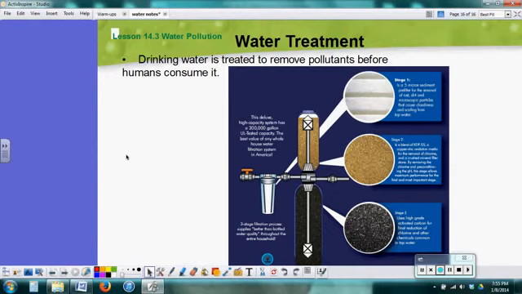This is only a 3-stage filtering process. It can be very simple and not that complicated, yet we pay a lot of money for it. This is something you can easily create on your own, and you wouldn't necessarily need to pay all that money when you could very easily do it in your own home. And there are videos online on how to create your own water filter.